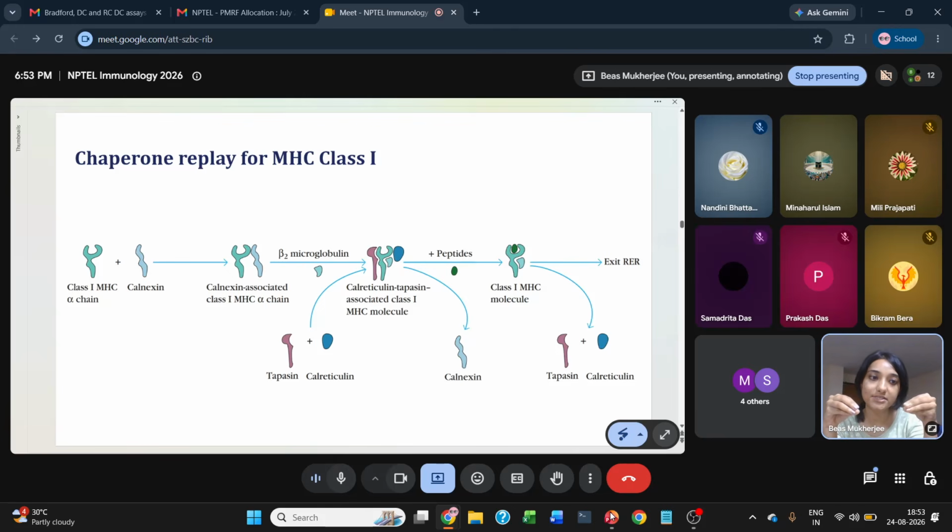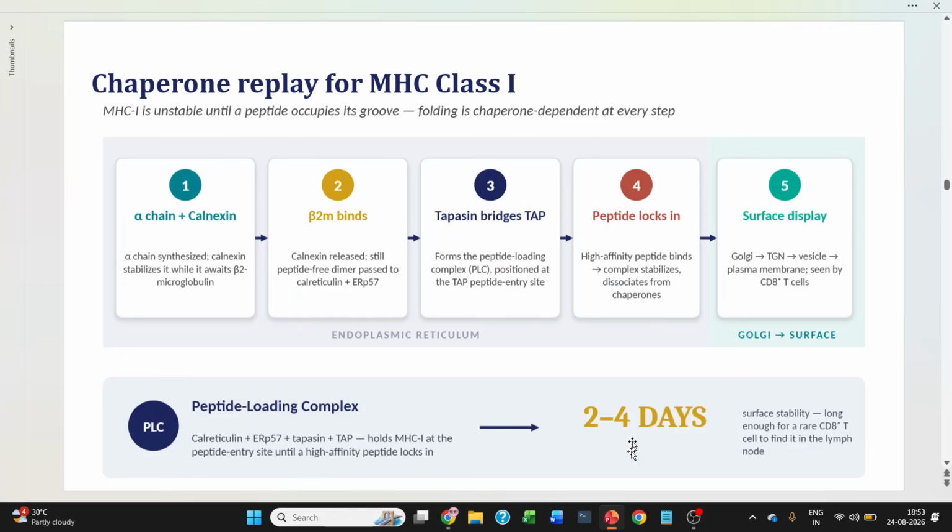And then what happens? The peptide molecule comes and this peptide loading complex is dissociated, and the specific, high affinity binding peptide enters into the peptide binding cleft, and it is selected and it remains bound. The rest dissociate and it exits the rough endoplasmic reticulum and goes to the cell surface for display.